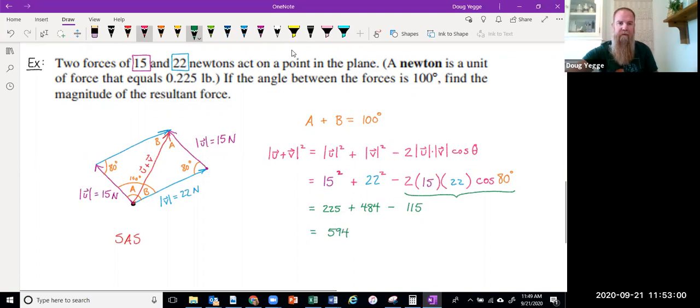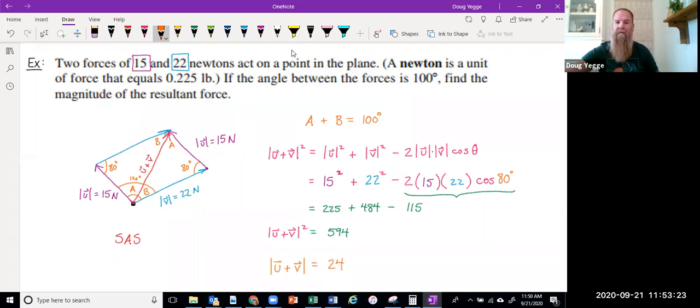But notice what that refers to. That's referring to the magnitude of u plus v, or in other words, the magnitude of the resultant. So if I want the actual resultant, then the magnitude of vector u plus vector v is equal to 24.